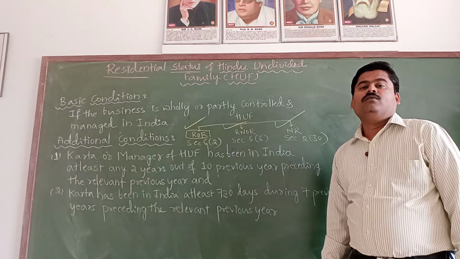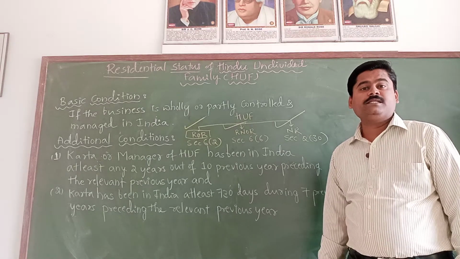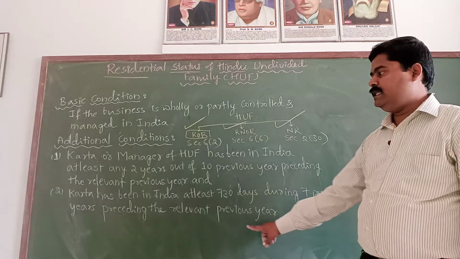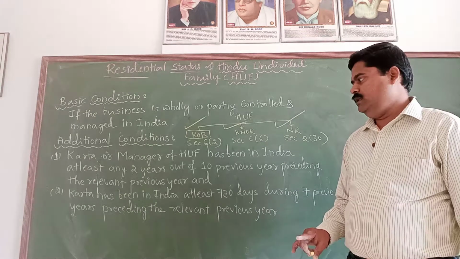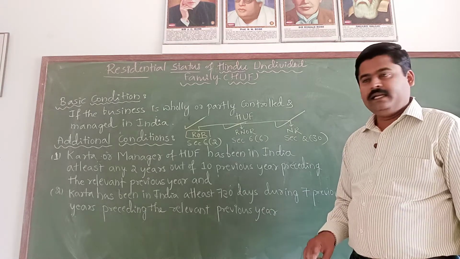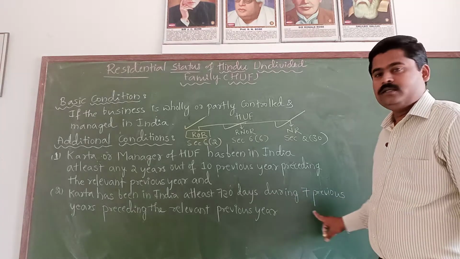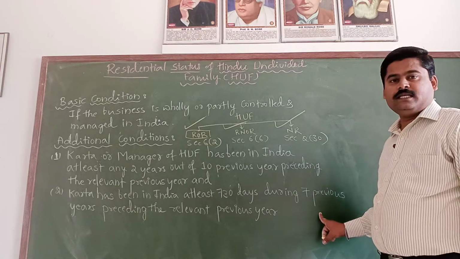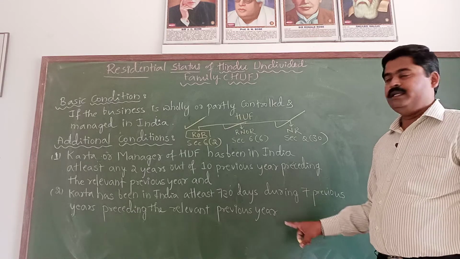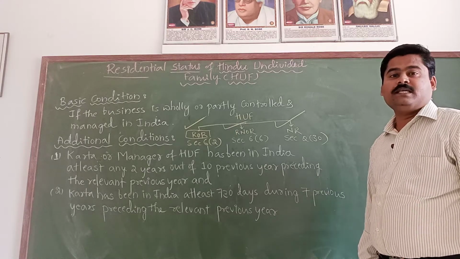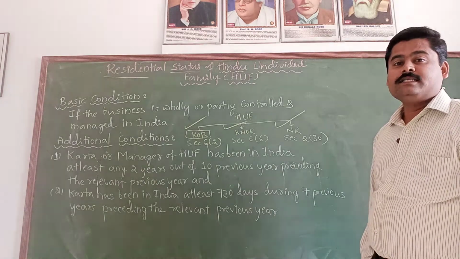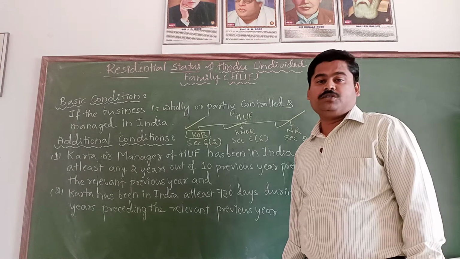That is the first additional condition. And the second is that the Karta has been in India for at least 730 days during 7 previous years preceding the relevant previous year. This is the second additional condition.